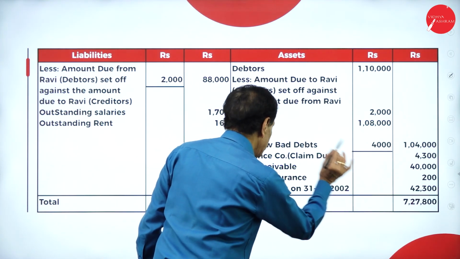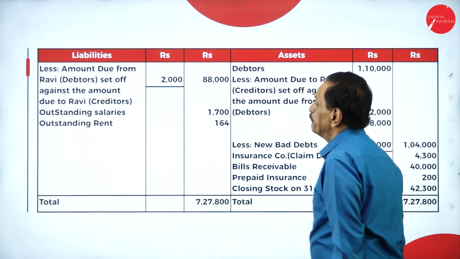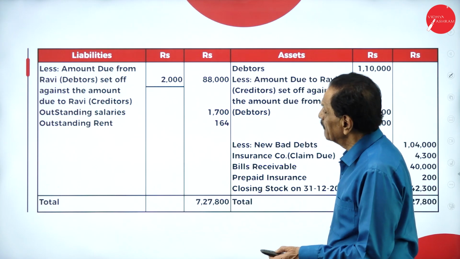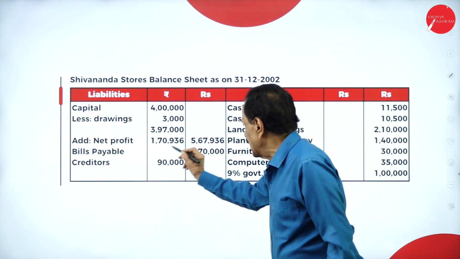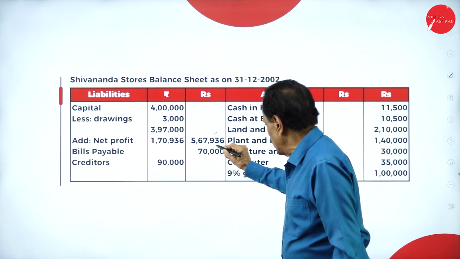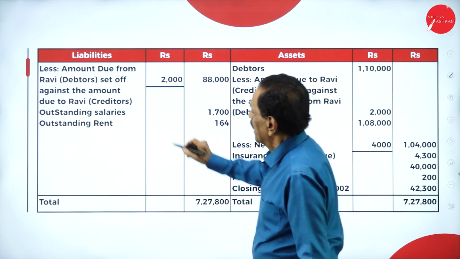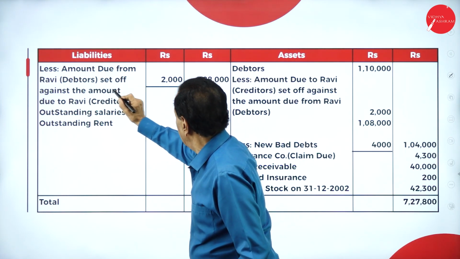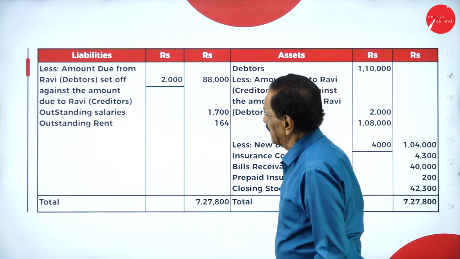Prepaid insurance is an asset. Closing stock is an asset. Come back here. Liability side: capital, less drawing, add net profit, bills payable, creditor is 90,000, less amount due from Ravi, debtor, is 2,000. That 2,000 is adjusted here.